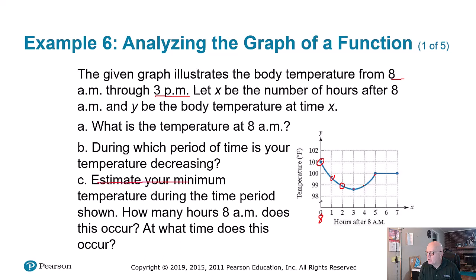Estimate your minimum temperature during that time period. Well, the minimum is where the y value is the smallest, which would be right there, about 98.6. How many hours after 8 a.m. does that occur? Well, 3 hours.